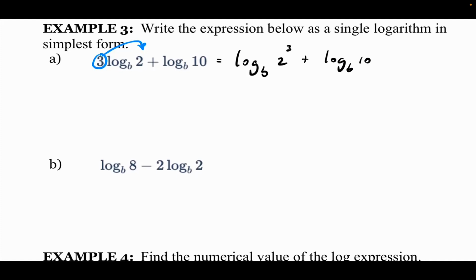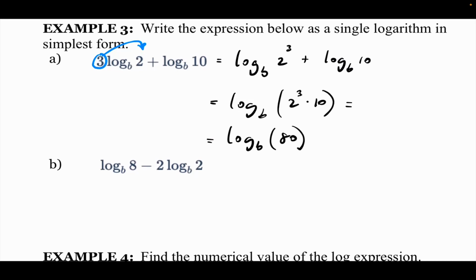So I'm going to multiply the logs. 2 to the third times 10. Well, those are numbers. 2 to the third is 2 times 2, which is 4, times another 2, which is 8. 8 times 10 is 80. Done.